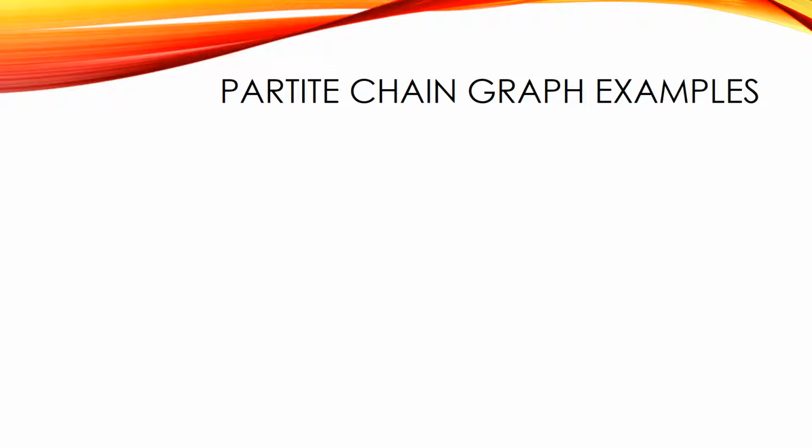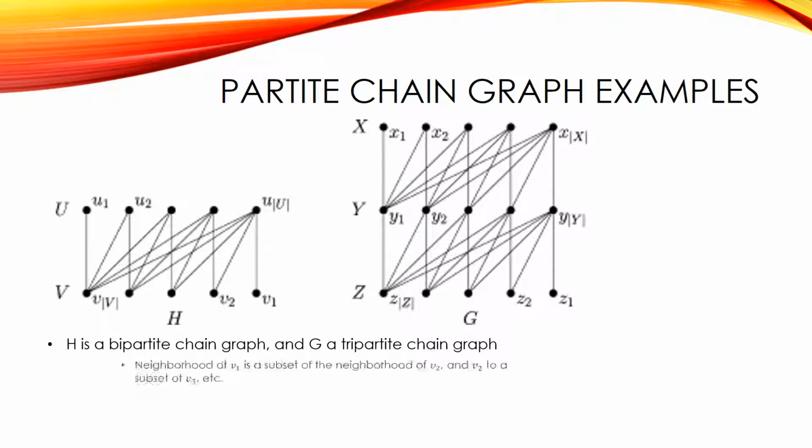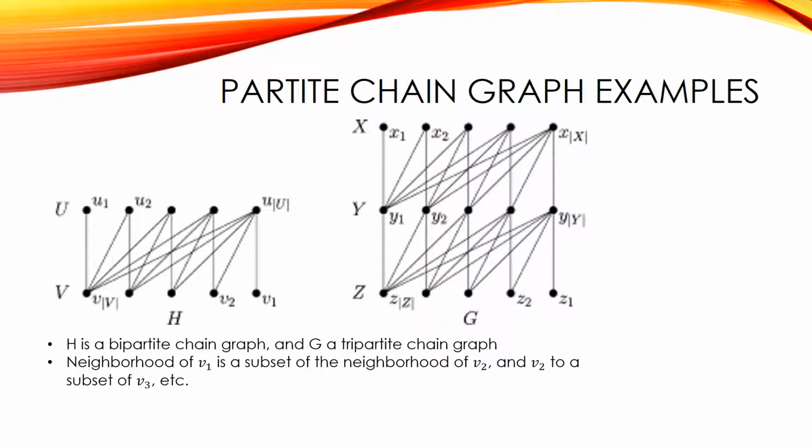So let's look at some examples of partite chain graphs. The graph on the left is bipartite. The graph on the right is tripartite. The number of partitions doesn't really matter. The concept is the same. H is a bipartite chain graph. G is tripartite.